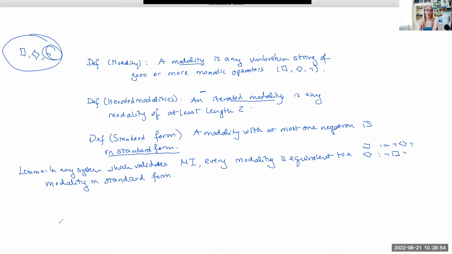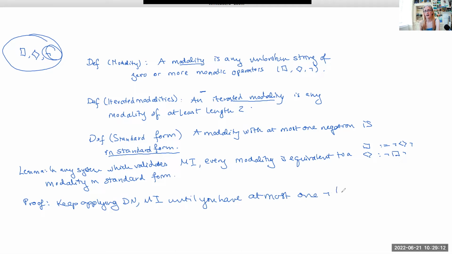And the proof of this is just basically keep applying double negation and modal interchange until you have at most one negation left. I'll just give you an example of this and you'll see how simple and straightforward it is.